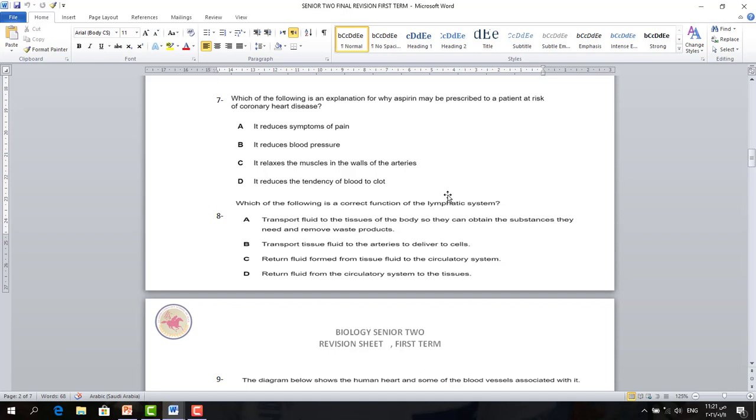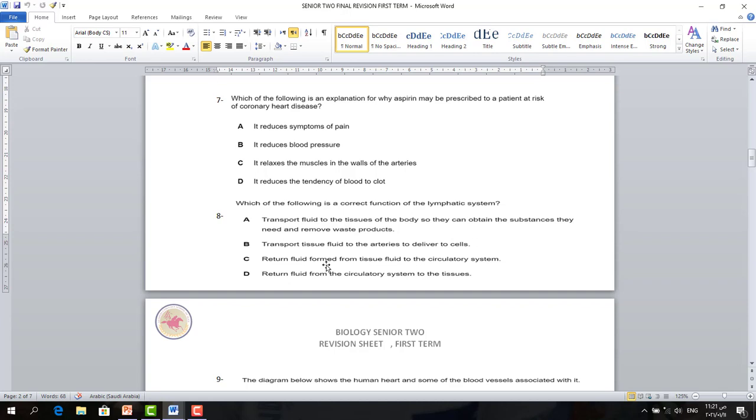Which of the following is a correct function of the lymphatic system? Transport fluid to the tissue of the body so they can obtain substances that they need and remove waste products. Transport tissue fluid to the arteries to deliver to cells.